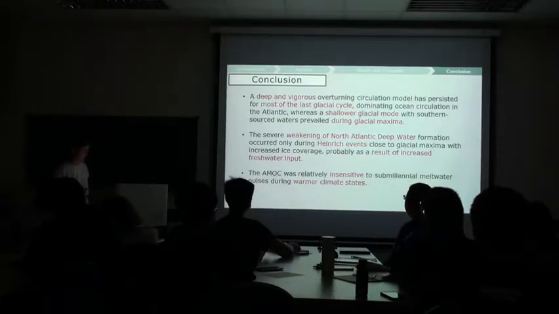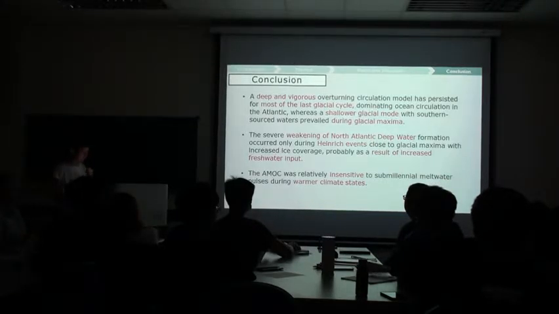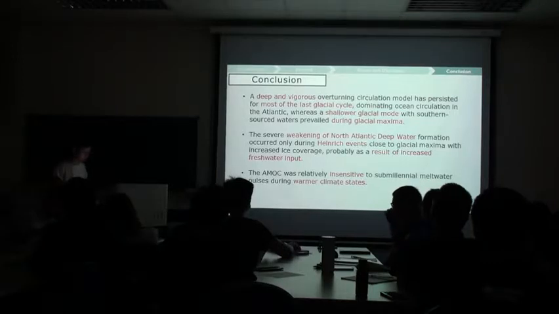Next, several weakenings of North Atlantic deep water formation occurred only during the Heinrich events, as a result of increased freshwater input. The next one is that the AMOC was relatively insensitive to some millennial-scale variability during the warm climate state.